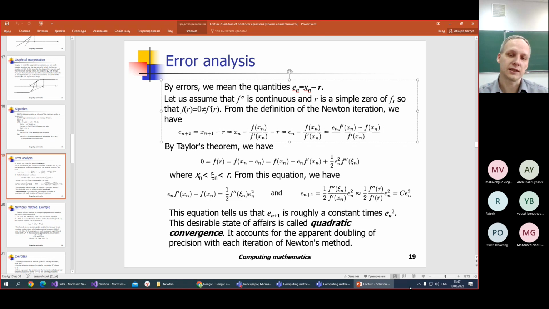If at the current step we have some error smaller than 1, then on the next step the value of the error will be En squared. The precision is doubling.